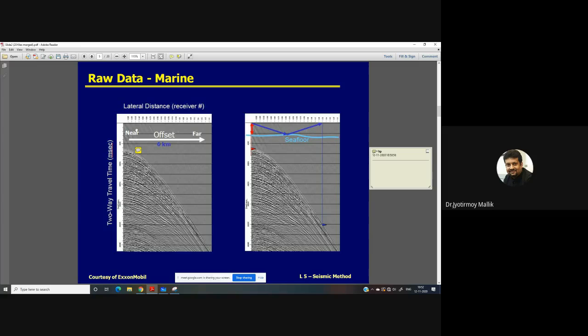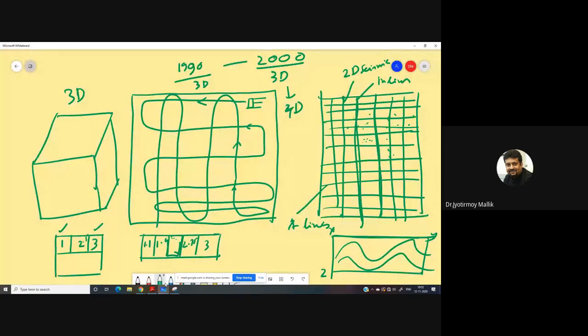So the data that comes from the detectors which are closer to the source, we call near offset. The ones which are away, we call far offset. Now, if we only work with the data from near offset, that data is called near stack data.